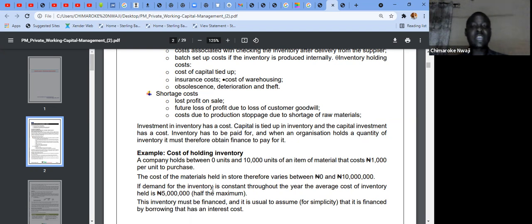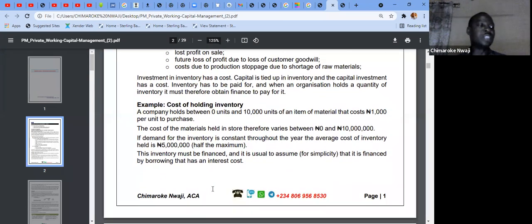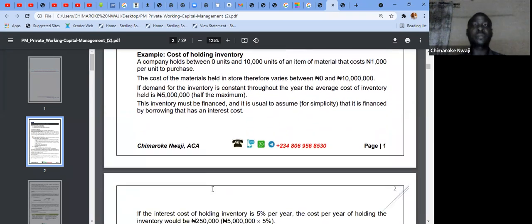Let's see some example of holding inventory. Look at this example here. A company holds between 0 units and 10,000 units of an item of material that costs 1,000 naira per unit to purchase. Okay, let's put a name to it. Let's say these are mineral soft drinks.